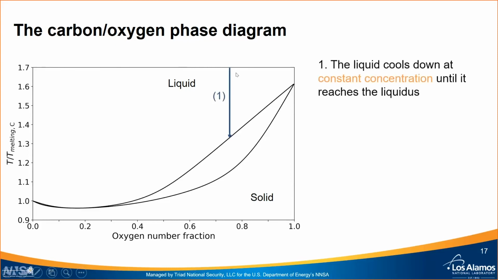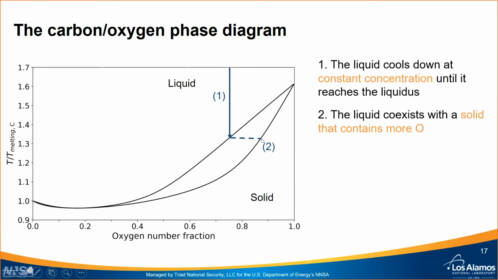At first, the white dwarf core has a given oxygen concentration, and it will simply cool down at this constant concentration until it reaches the liquidus. When it reaches this point, it will start to form solid crystals, and those crystals will be enriched in oxygen by an amount that is given by the separation between the liquidus and the solidus.